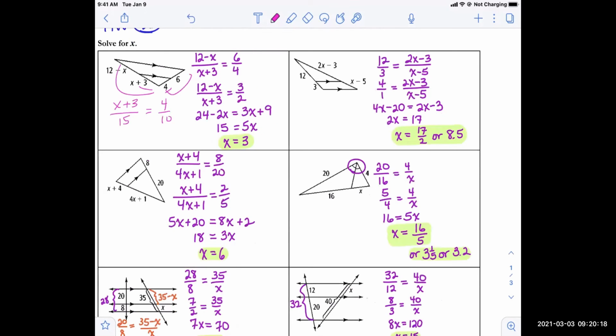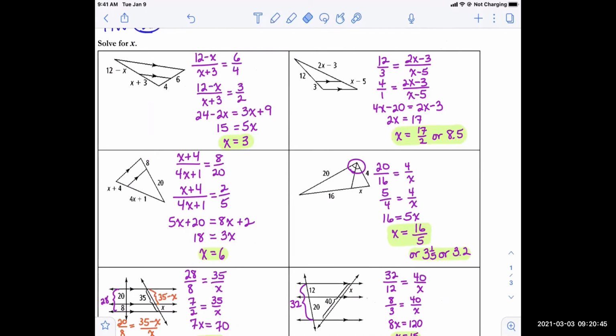So you can still use similar triangles if you want. You just don't have to when you're comparing the sides that are being cut by the parallels. Same thing on the one here. You could do 12 over 15 equals 2x minus 3 over 3x minus 15. Usually it's simpler to use the side splitter theorem and get the ratios like this, but it doesn't have to be. Sometimes it might be easier to do the other thing.